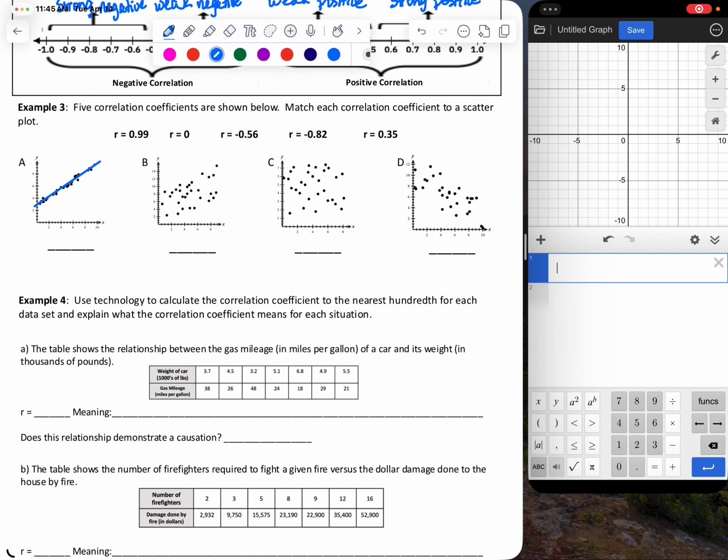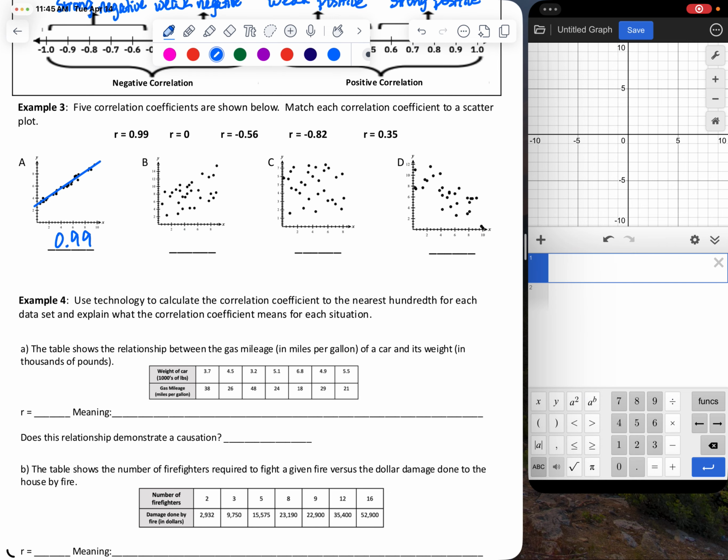We know this has to be a positive correlation coefficient. So our choices here for positive correlation coefficient are 0.99 and 0.35. But because these are clustered very tightly around the line of best fit, I would go with the 0.99. This is a very strong positive correlation.